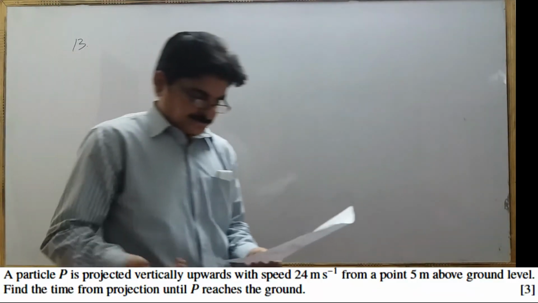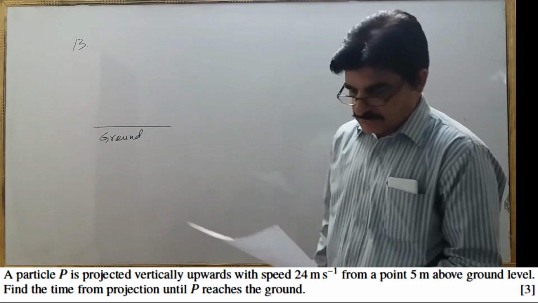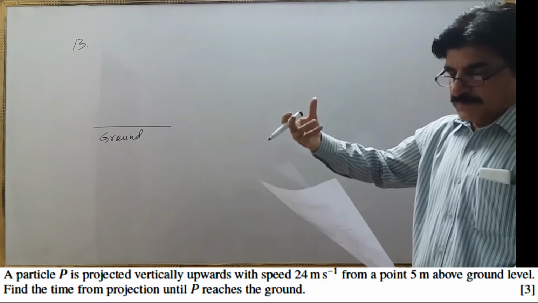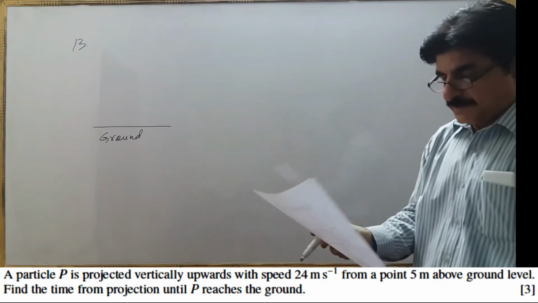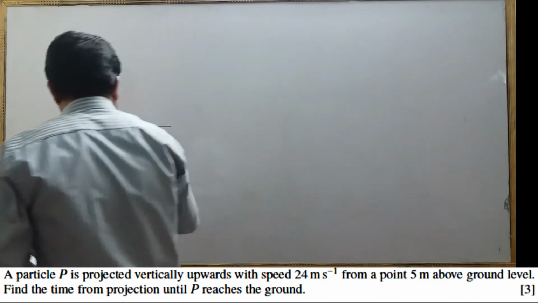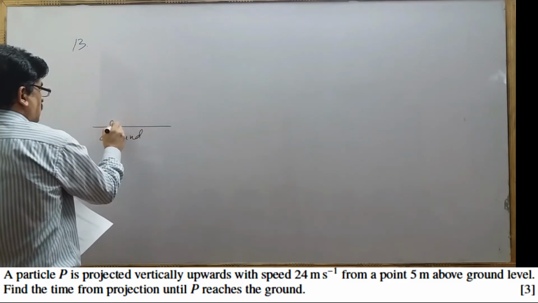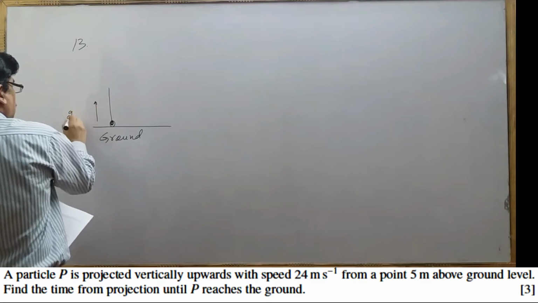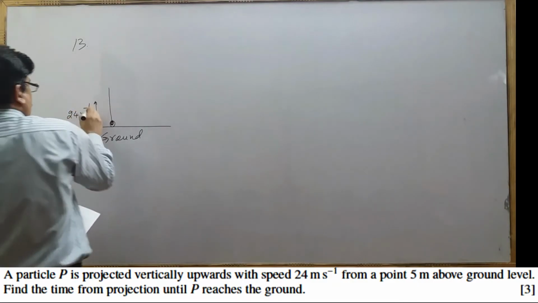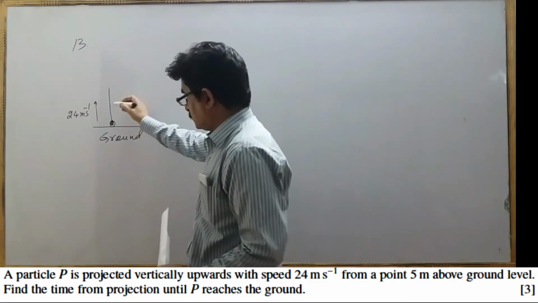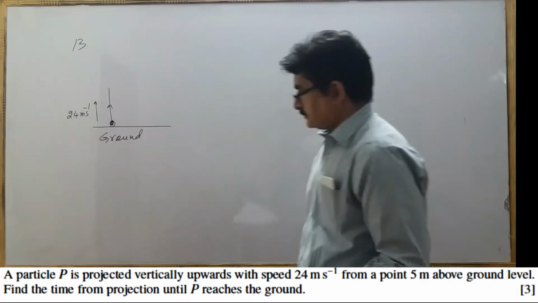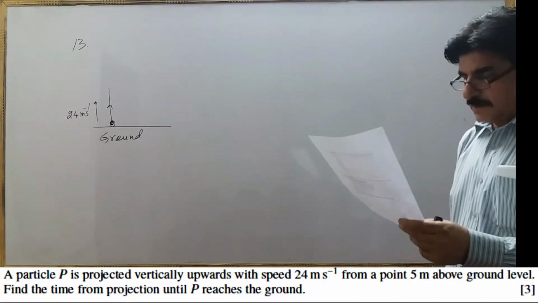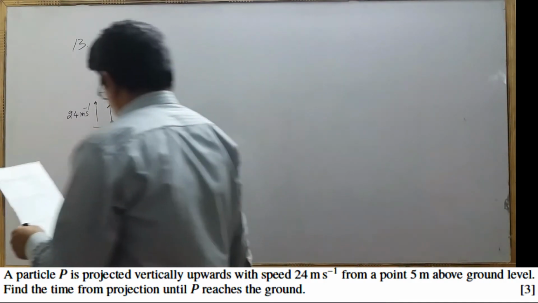Question number 13. Read the question. A particle P is projected vertically upward with a speed of 24 meter per second from a point 5 meter above ground level.